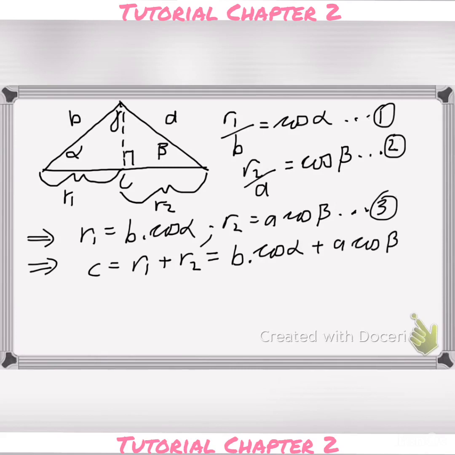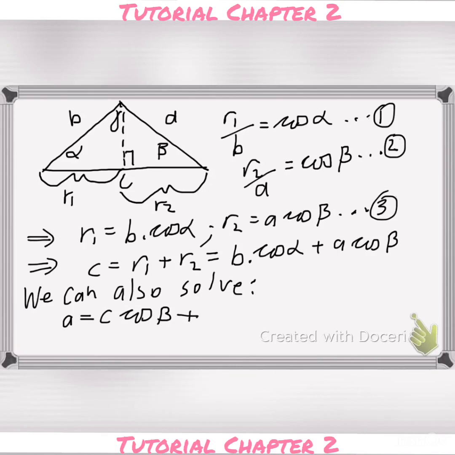Now you can do the same for the edge A and the edge B. We can solve for A as C cos beta plus B cos gamma.